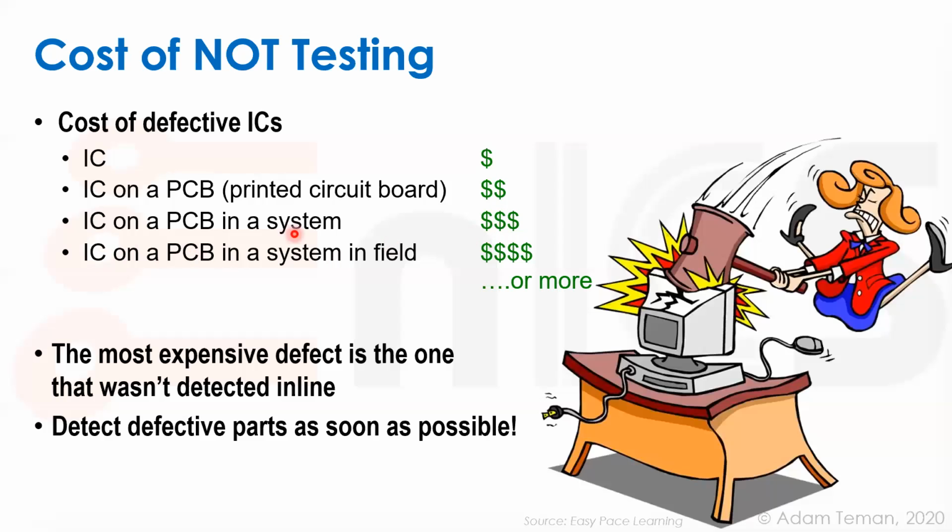But if we already sold it, we're going to get this lady who's not too happy with her computer, and then it's going to be really, really bad for us. So it's the reputation of the company and callbacks and who knows what. So that's really bad. So that's the cost of not testing. The most expensive defect is the one that wasn't detected. And so we should detect the defective parts as soon as possible.